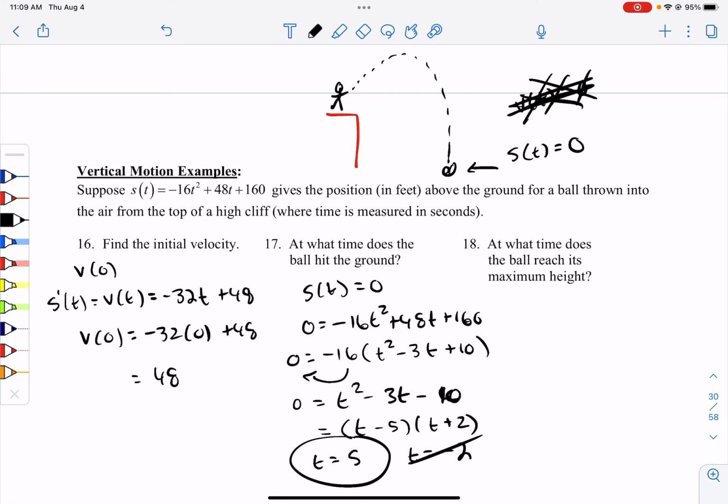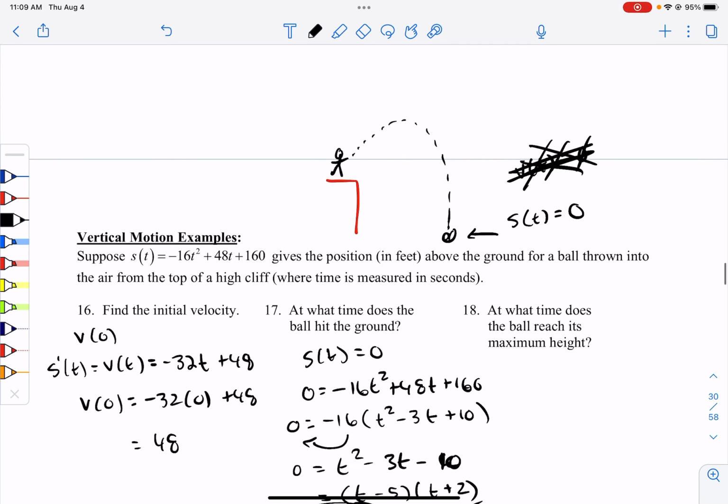So at what time does the ball reach its maximum? Ooh, that's a good question. When does the ball reach this height right here, if this is my maximum height? So think about what's happening at the maximum. My s of t is the greatest number.